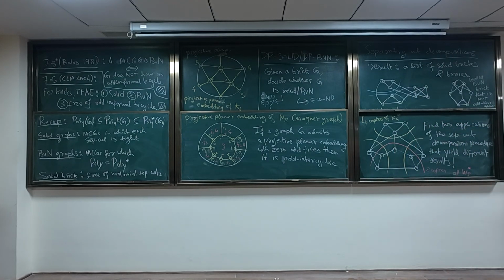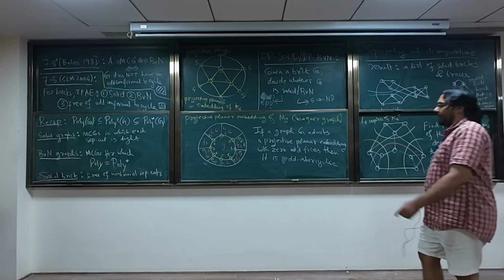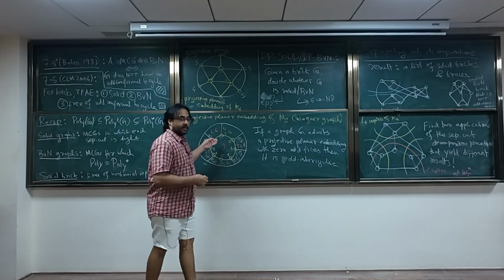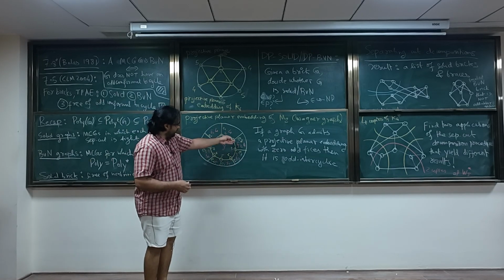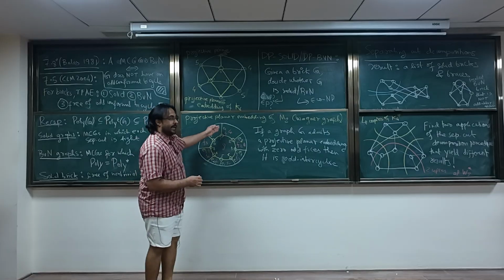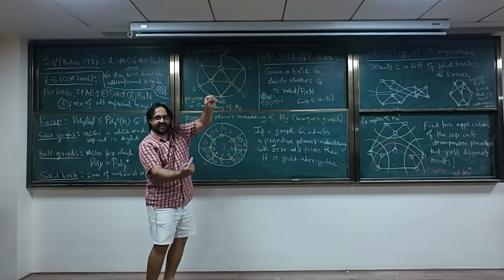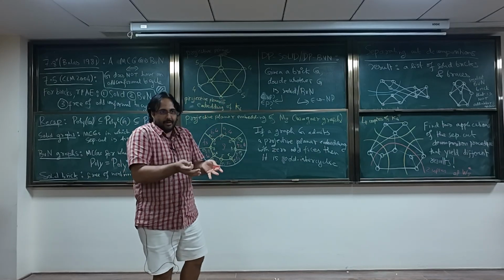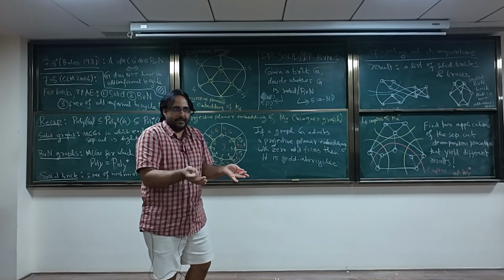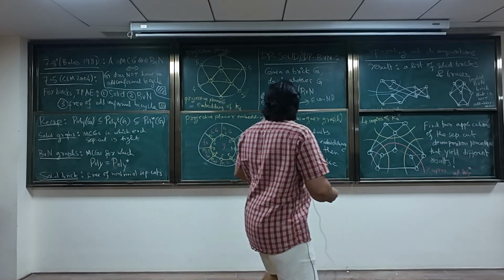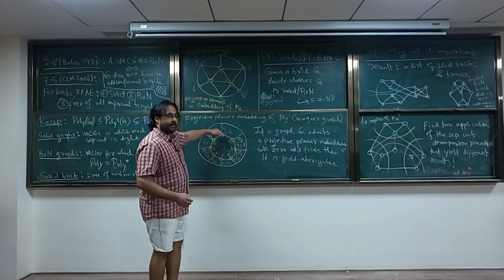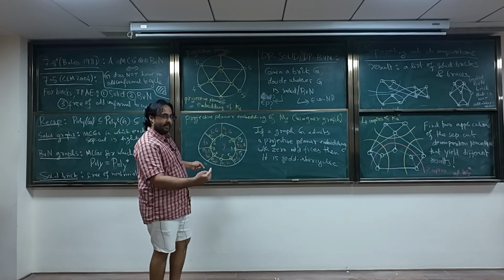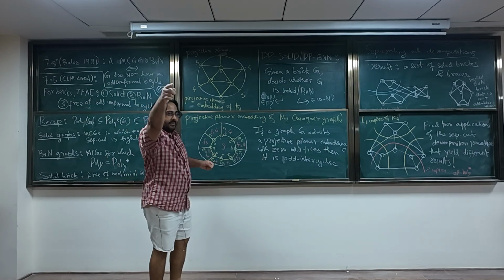You can try to convince yourself later, but intuitively you can still try it now itself. Think about where the odd faces are. Observe that every odd cycle of this graph can't just avoid all those edges utilizing the flexibility of the projective plane, because if you just look at that part, all the faces are even. That's a bipartite graph. There are no odd cycles there. So any odd cycle will have to utilize the flexibility of the projective plane, which is to be able to go to the antipode.